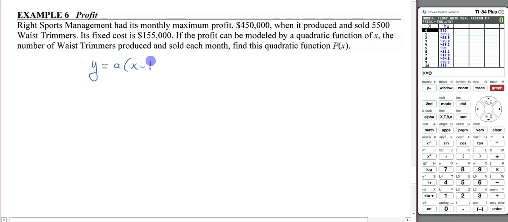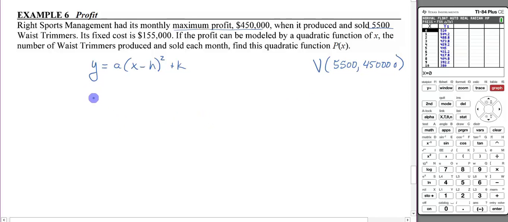So we can use the vertex point that they handed us. And you see that maximum profit of $450,000 when it produced and sold 5,500 waist trimmers. So the vertex is 5,500 and 450,000 on your y.